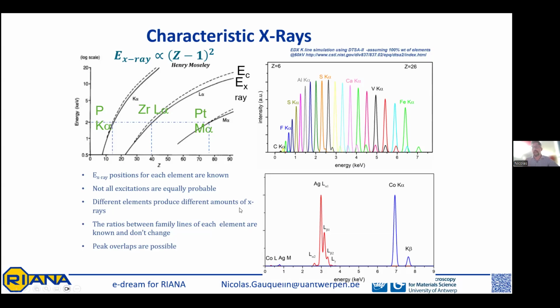As you see here, you have very close the cobalt L and the silver M edge, or here the copper K alpha and the carbon K alpha, and here I think it should be the oxygen K alpha.